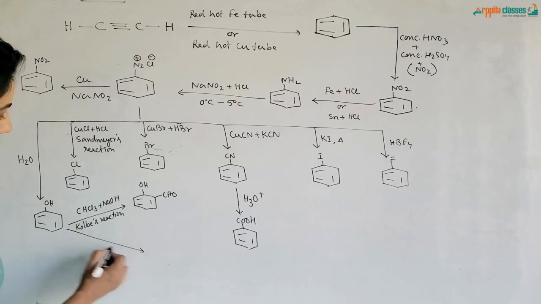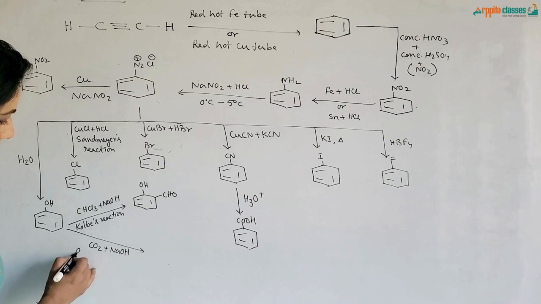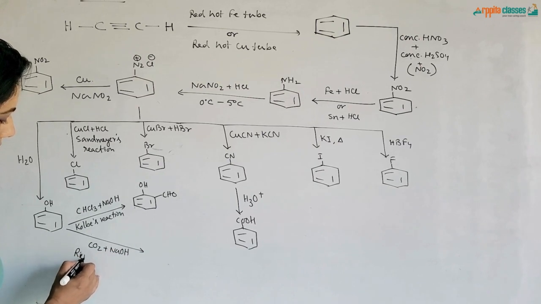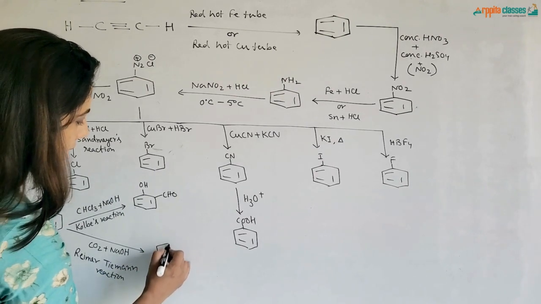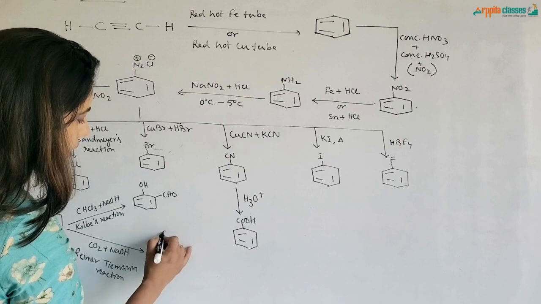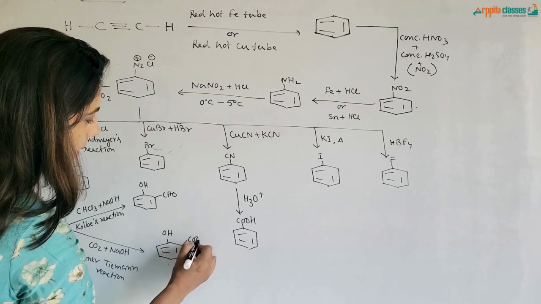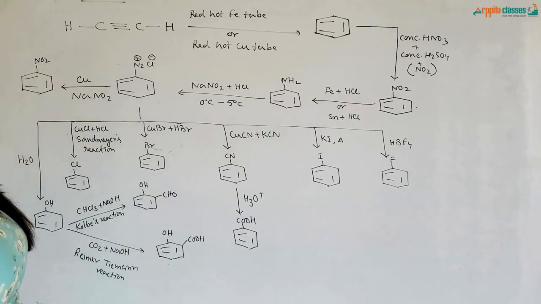Phenol can be treated with CO2 plus NaOH. This particular reaction is called the Kolbe reaction, to give you salicylic acid or ortho-hydroxybenzoic acid. Salicylic acid is the common name.